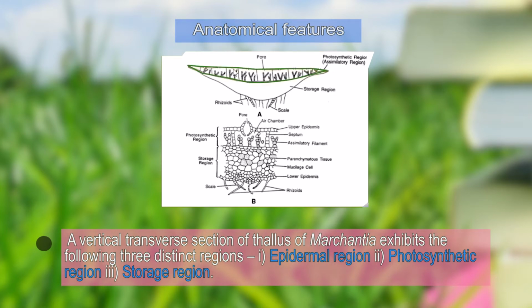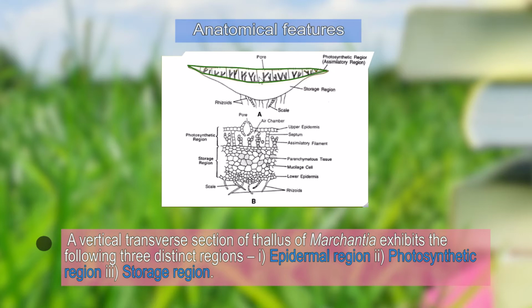Below the upper epidermal layer is the photosynthetic region. The photosynthetic region consists of air chambers, demarcated into groups, and these are made from photosynthetic filaments. From the base of the photosynthetic region arise the photosynthetic filaments. The photosynthetic regions are demarcated by tiers of single cells.